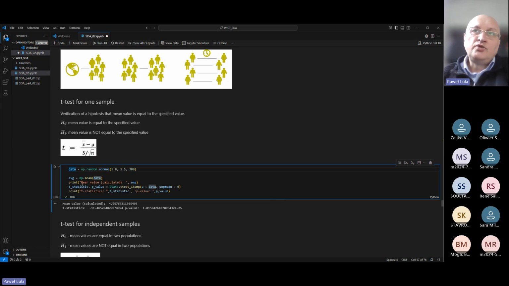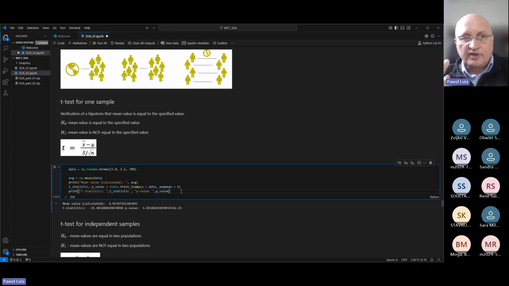And I'm going to use this data set to verify my hypothesis that the mean value in the whole population is equal to 6. I performed all calculations and I obtained this p-value.